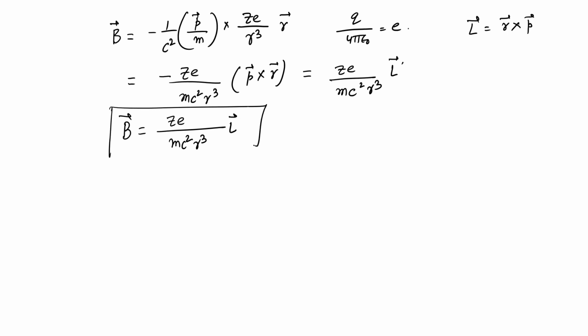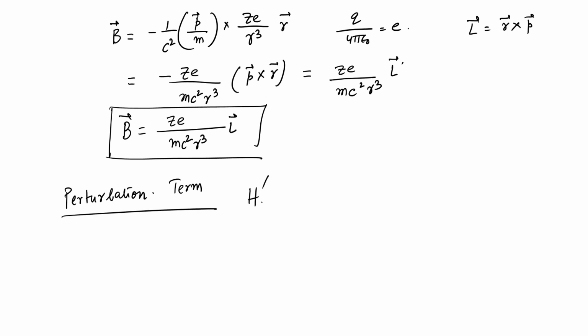and this result is important because the spin of the electron, which is S, is going to couple with this B and give rise to an L dot S coupling. So, we will use that as a perturbation term and do the perturbation theory that we have learned so far. Let us call it H prime with a Z. Z means it is pertaining to the Zeeman term. So, this is minus mu S, that is the magnetic moment corresponding to the spin quantum number.